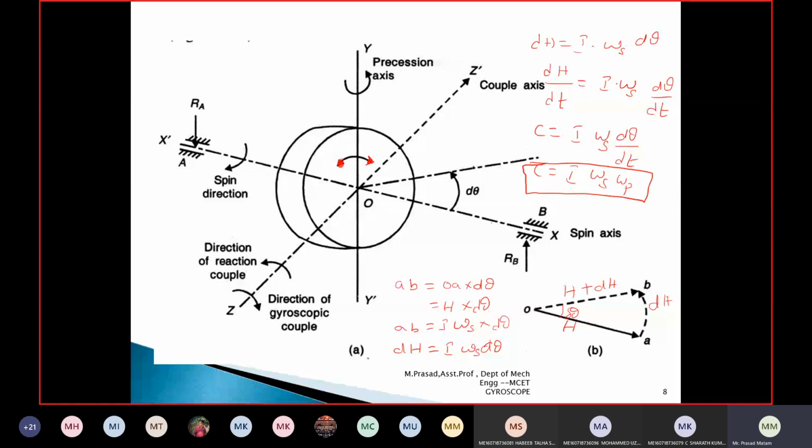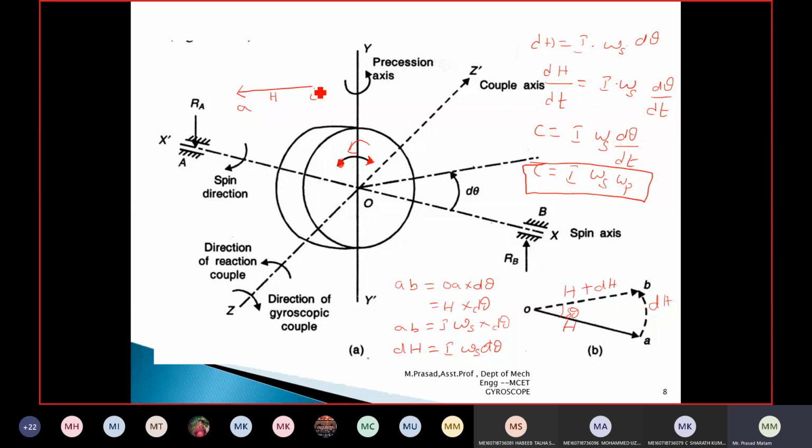Just revising again. Suppose the same disk moves in anti-clockwise direction, how can you represent this? When it moves in clockwise direction, I have represented it as the forward motion. When the disk rotates in anti-clockwise direction, I will represent it like this. This is the position of my spin vector moving backward, with the same angular velocity h.